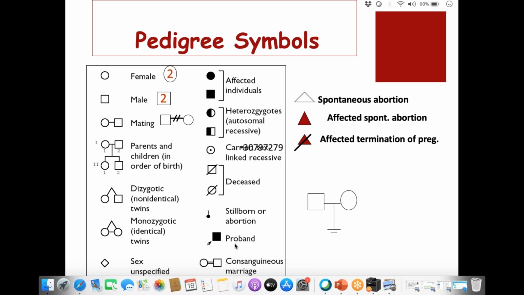Now, obviously, this is an affected proband, and this is a consanguineous marriage. So, what do you understand by consanguinity or inbreeding? Anybody? So, my eye is only at the chat box. Yes, that is there.